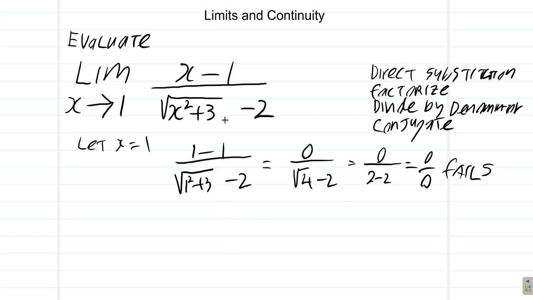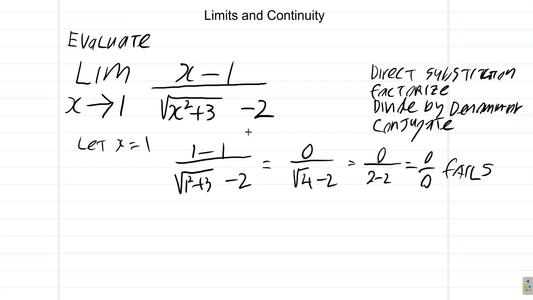Can we factorize anything? Is this a quadratic expression? Doesn't seem so. Alright. Now, what I'm seeing here, the way it is set up, you could use the conjugate method.